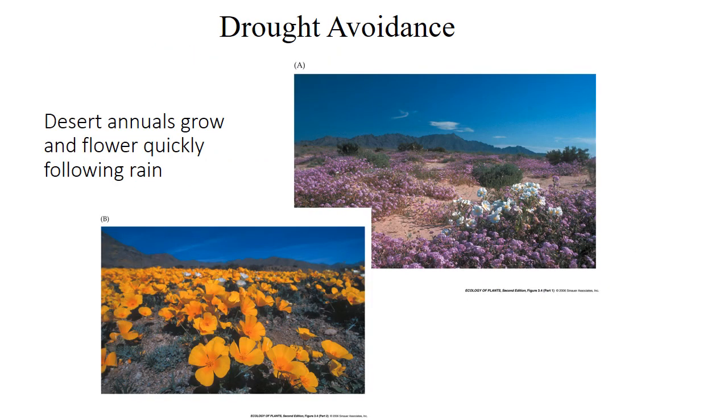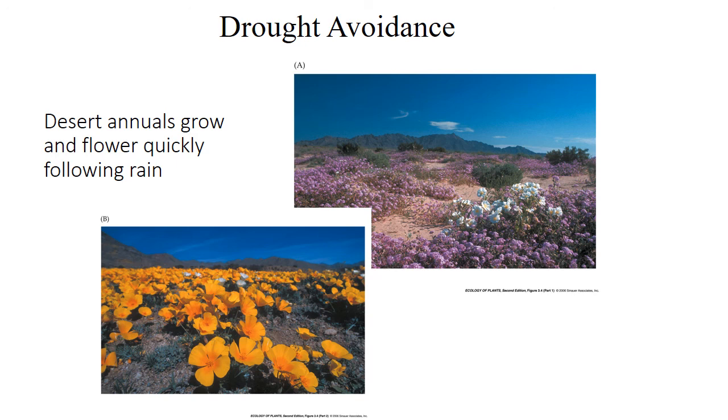So I'm going to focus for the next few slides on some of the adaptations that plants have to survive in extremely dry climates. So in deserts where there's relatively little rainfall, in fact there might not be any rain for periods of several years, you get a lot of small herbaceous plants called desert annuals.